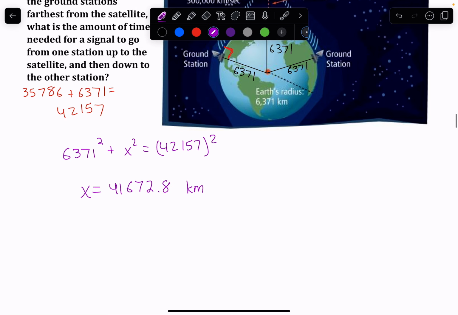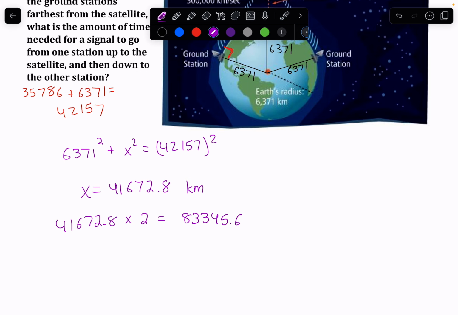So I'm going to take 41,672.8 times 2 to give me 83,345.6. That's my entire trip. That's the whole distance that the signal has to go.